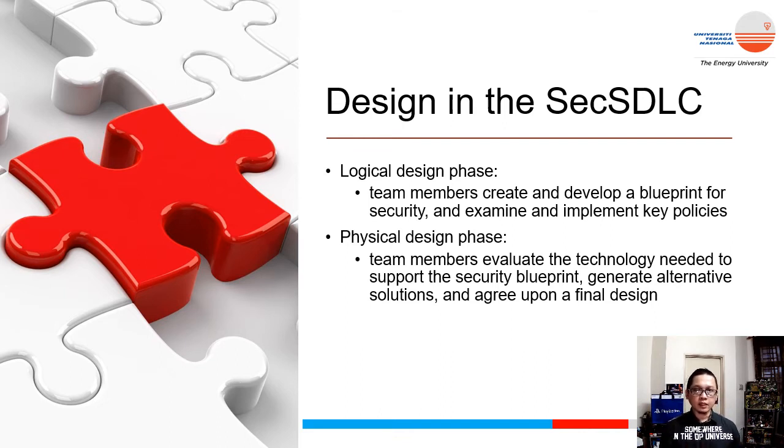Now, the physical design phase is actually identifying the proper people to use the security control and to actually do the monitoring if you want to implement the security control.